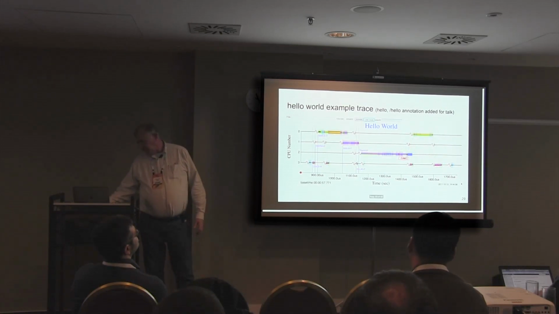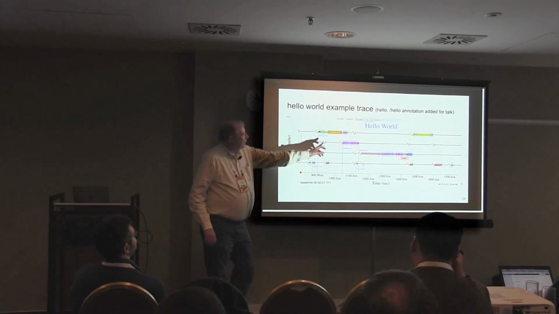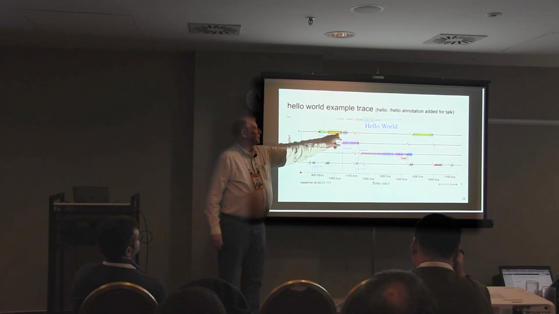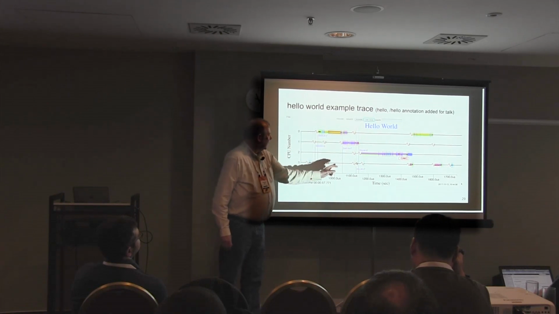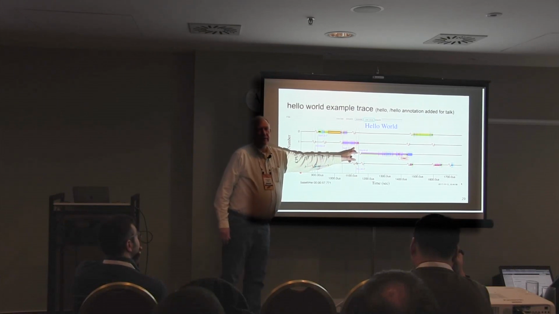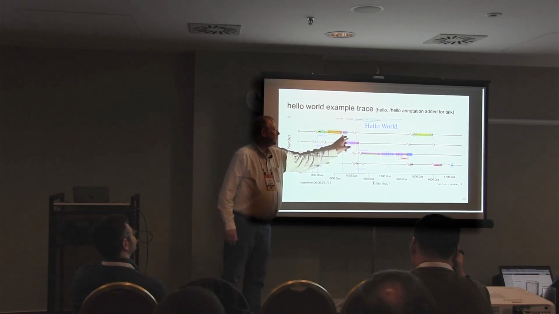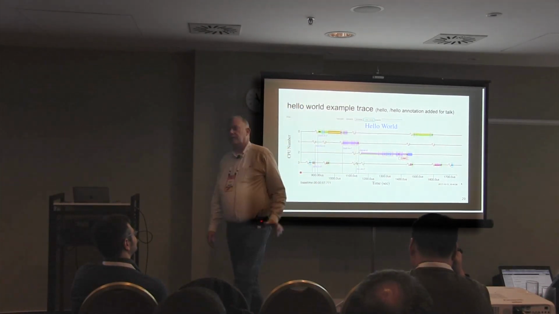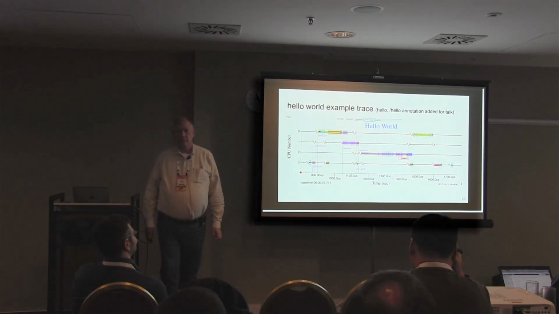Back up to one of the other things. All these things here with the red tops, the light green tops are system calls, the light red are faults, and the light blues are interrupts. Page faults. Tons of page faults. Tons and tons of page faults before you ever get to the first line of the C code.